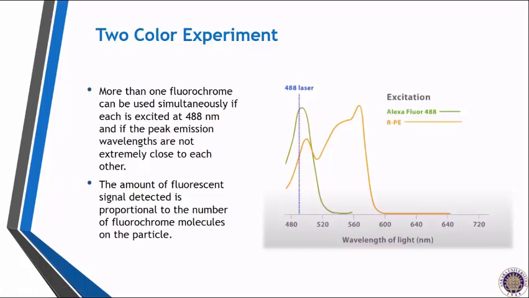Alexa Fluor 488 and RPE are commonly used together. For these fluorophores, 488 nanometer light is an efficient excitation source. When excited with 488 nanometer light, you can see that the emission peaks for these two dyes are far enough apart so that discrete emission data can be collected.